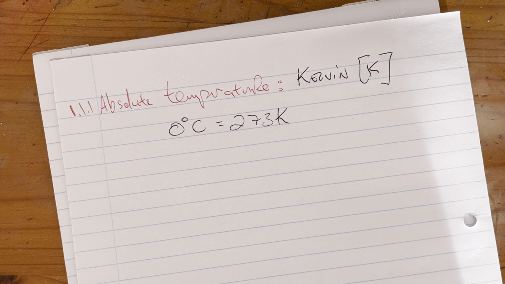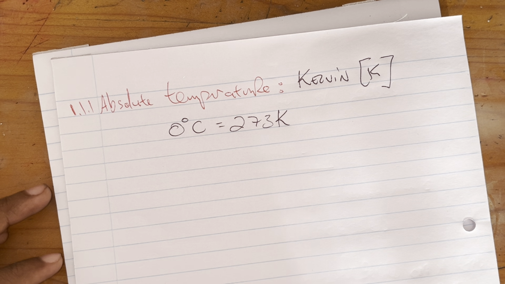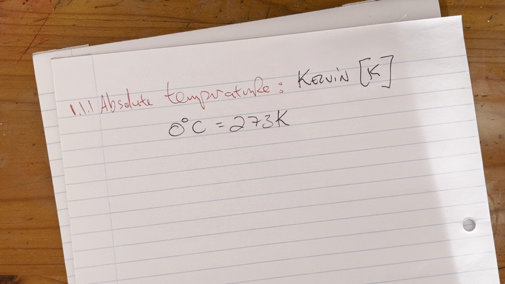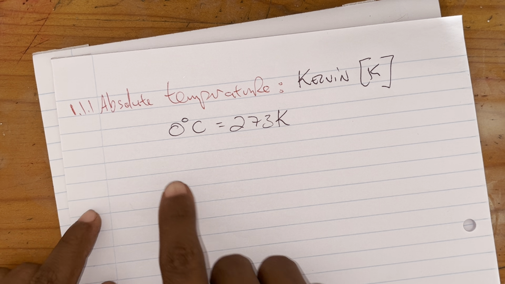Remember, we are trying to wrap our head around the phenomenon of absolute temperature. If we say 0 degrees Celsius, please note, that is still not really absolute temperature. We have to find a way of working our way in the direction of absolute temperature, and this is the starting point.